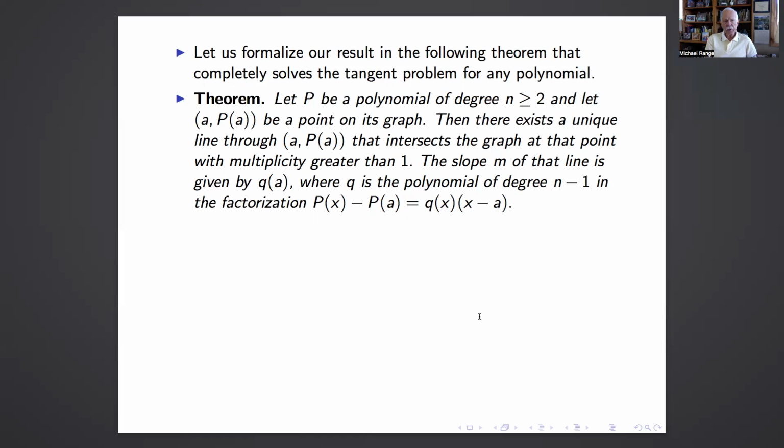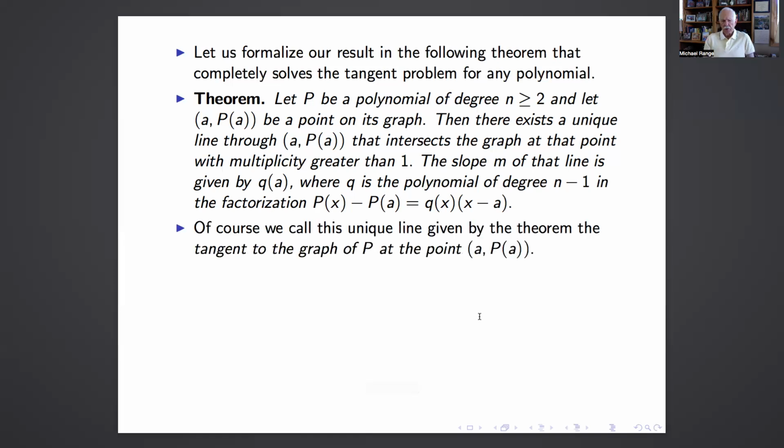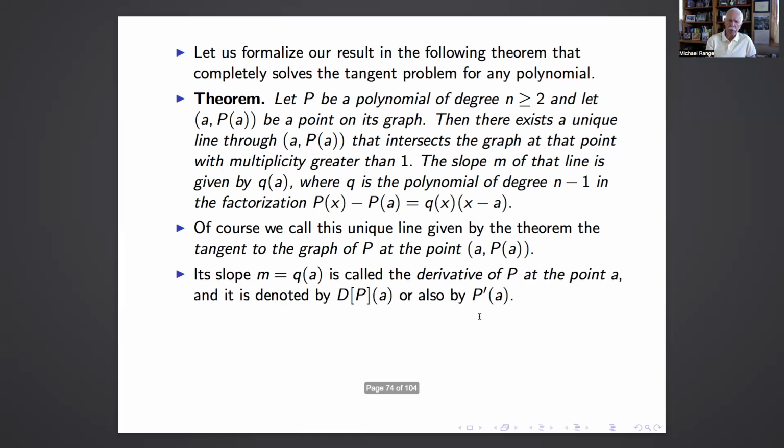Then there exists a unique line through a, p of a that intersects the graph at that point with multiplicity greater than 1. The slope m of that line is given by q at a, where q is a polynomial of degree n minus 1 in the factorization p of x minus p of a equals q of x times x minus a. And of course, we call this unique line given by the theorem the tangent to the graph of p at this particular point.